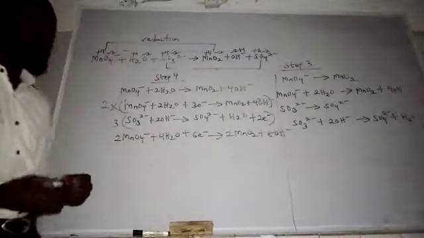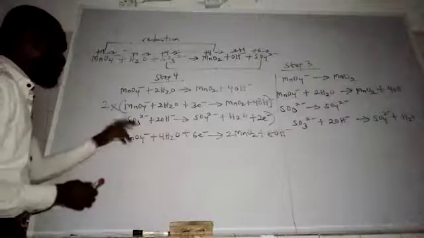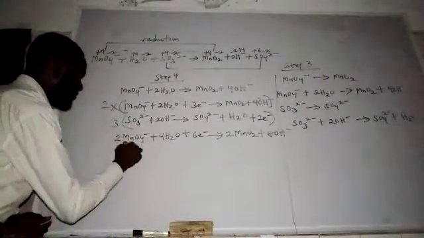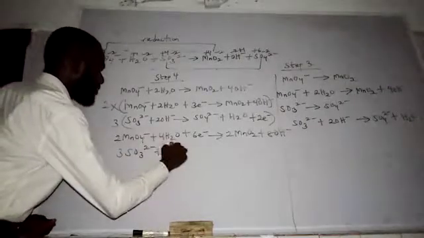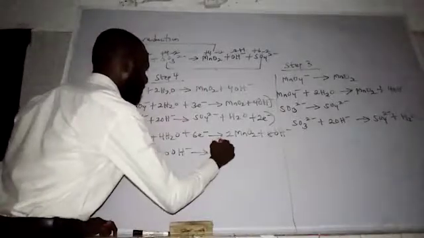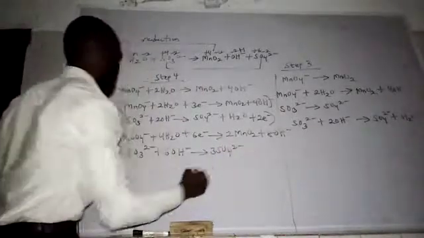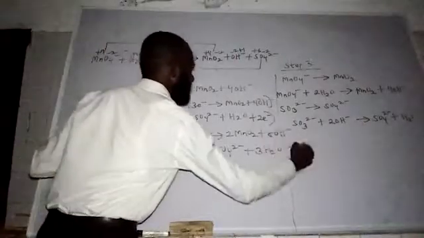So this is straightforward. So I'm going to do the same thing for the next equation, which is 3 times this is what? 3SO3²⁻ plus 6OH⁻, going to 3SO4²⁻ plus 3H2O plus 3 times 2 is what?